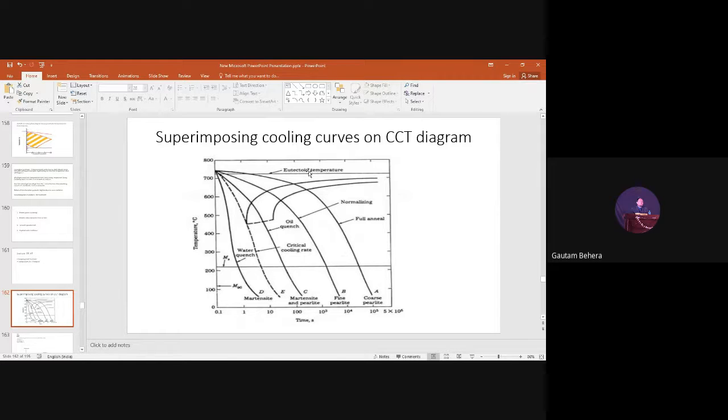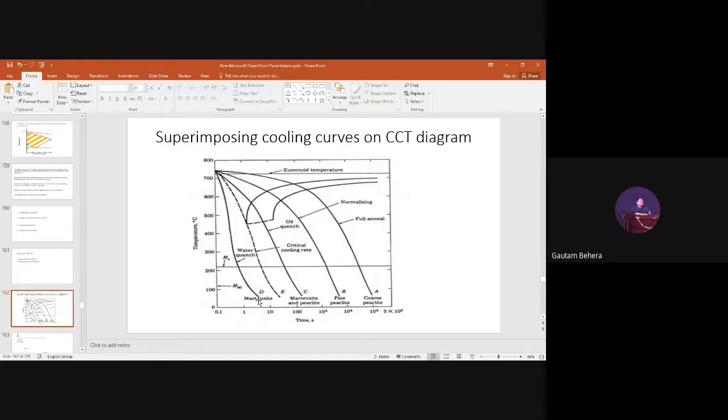Because just at the eutectoid temperature, this is A1, right? Above A1, austenite is a stable phase for a eutectoid steel, yes or no? Yes, sir. If it is a hypereutectoid steel, then which kind of phase will be there? Cementite and austenite, obviously. But you understand the product.